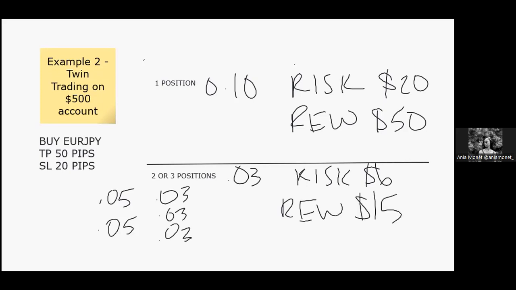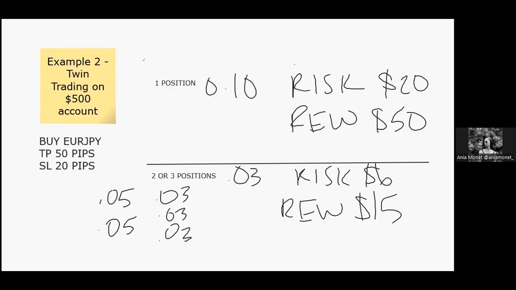Okay, so that if I were to risk 3 cents 3 times, my risk would only be what, 18, I believe. 6 times 3 is 18. Yeah, right. Or let's say I do 5 cent 2 times, then I'm risking at most $20.